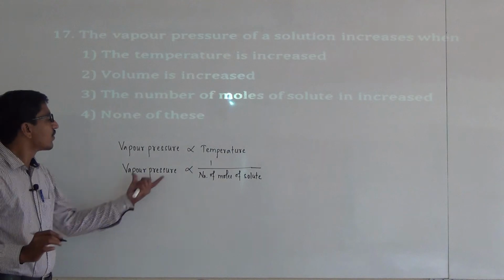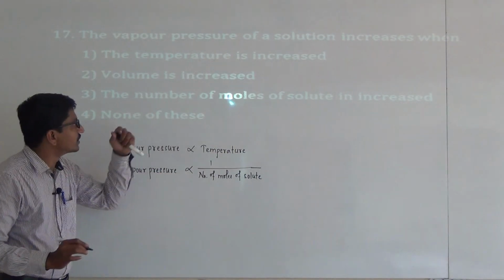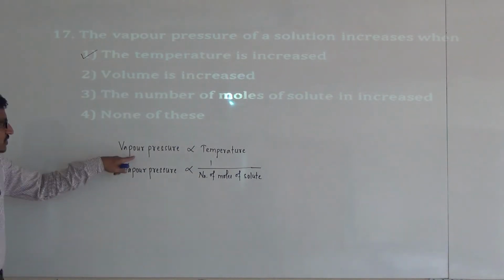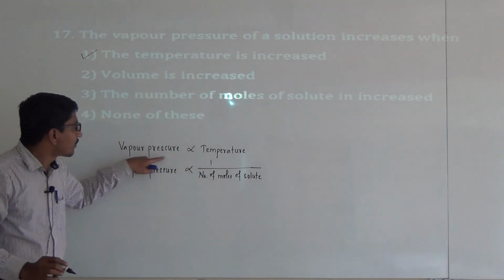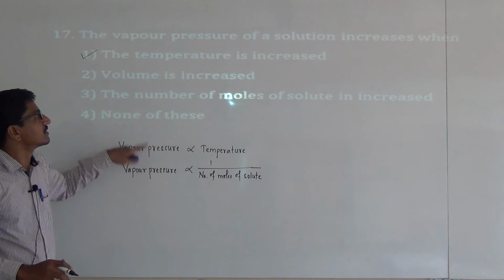And the last one is none of these. The first statement is the correct one. If the temperature increases, the vapor pressure of the solution or of the pure solvent increases.